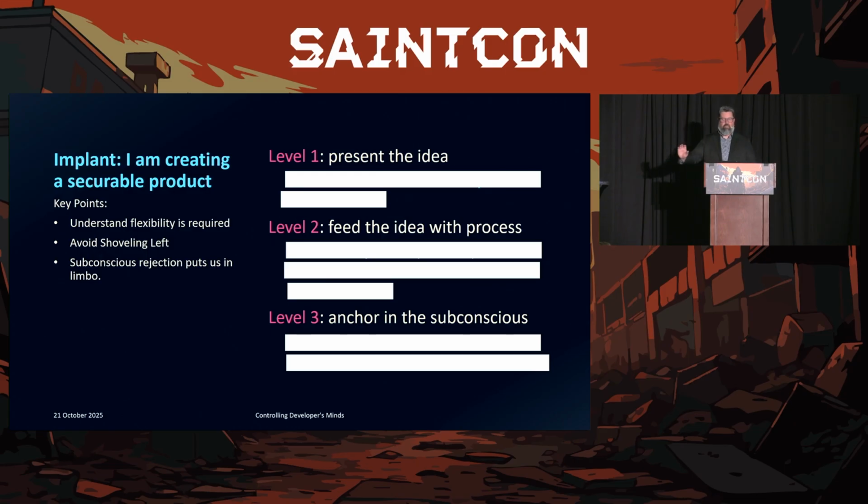And then what this does, if they're clear about it, and if they're confident, and they know that they are already capable of producing secure software, then their desire to get better will be hijacked, and they'll work at getting better at security. And so the message, again, that we want them to be thinking is, I am creating a securable product.